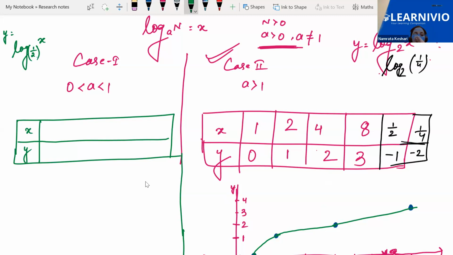Here x, here y. Let's try taking x as 1. Oh, 1 is not possible? Okay, x we can take 1, because the condition is based on a, so 1 we can take, and we can check how exactly the graph is going to be.